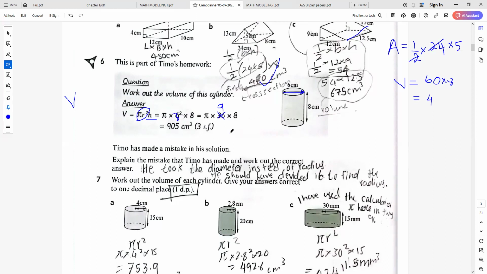Now the answer is supposed to be 226.1946. 1946 is the answer.